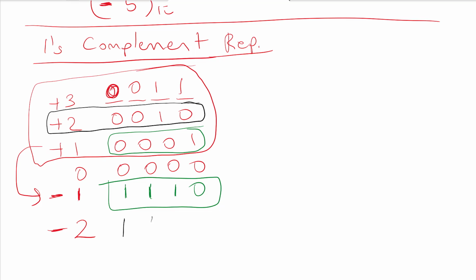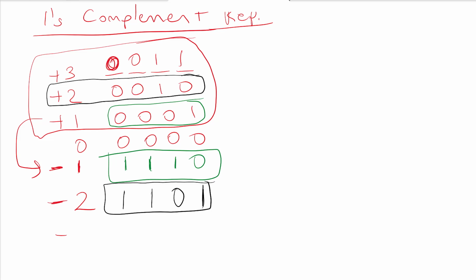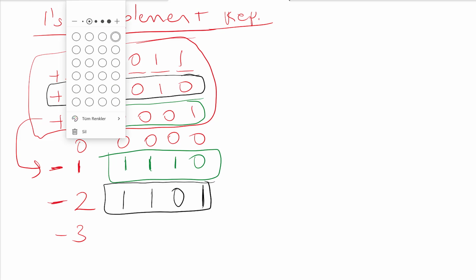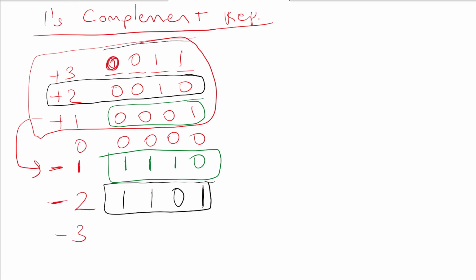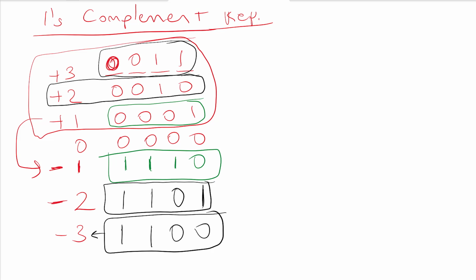So this will be 1, 1, 0, 1. This is the -2 in one's complement representation. Let's see how I do -3. Again, I look at +3, which is here, and I invert all the bits, 1, 1, 0, 0. So this is the -3 in one's complement.